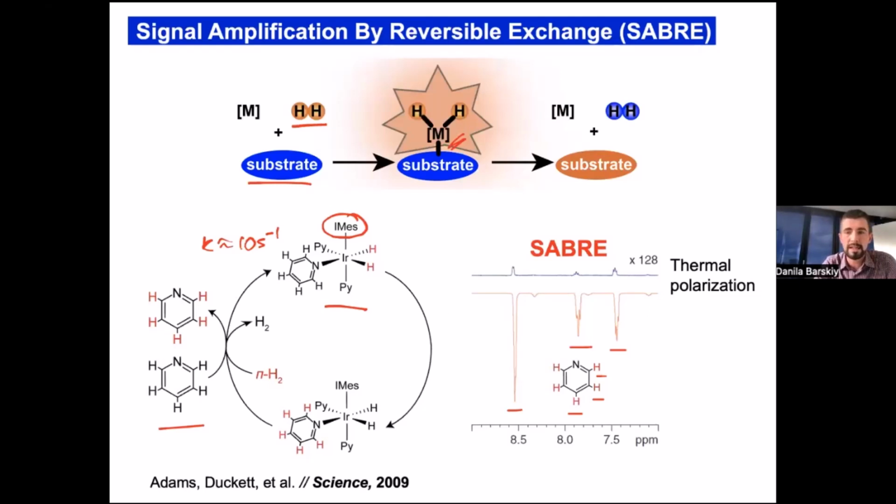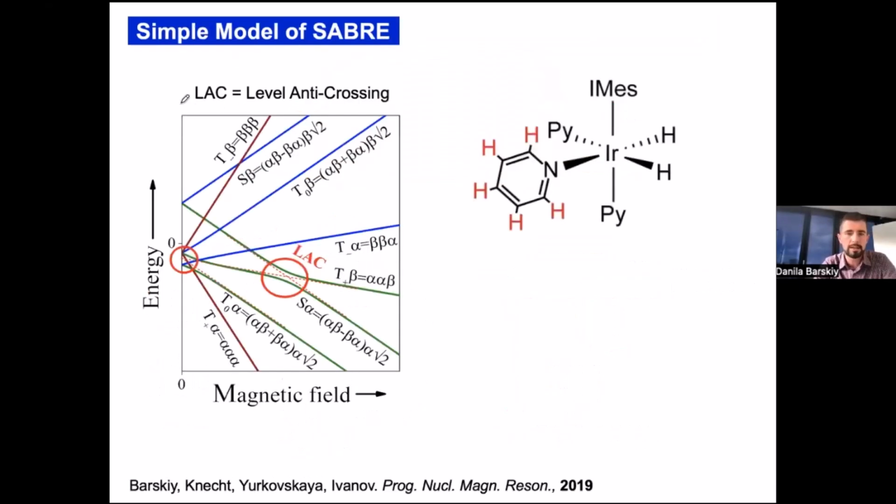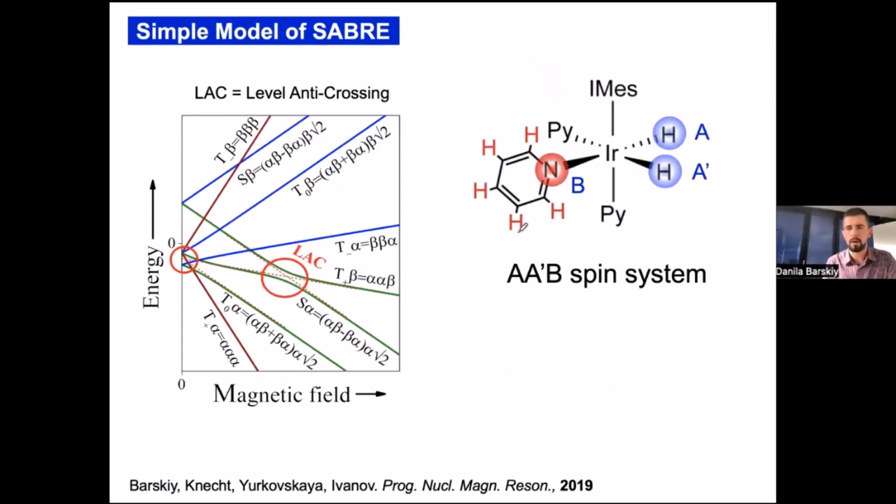To understand how exactly it works, let's look at the simplest spin system suitable for the purpose, which is a 3-spin system. I want to say right away, this is an oversimplified description of the SABRE process. If you want to look at the details, you can go to this review, where I think we summarized a lot of polarization transfer mechanisms important for SABRE, as well as the chemistry. I also want to point out that there are more developments in the field.